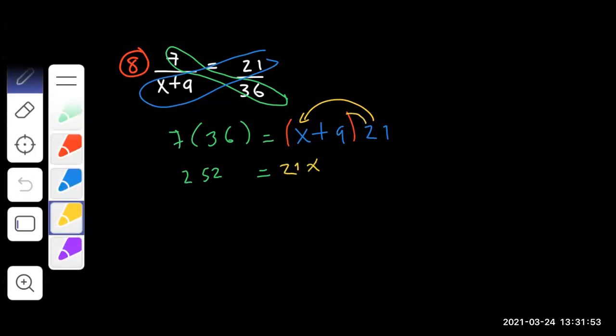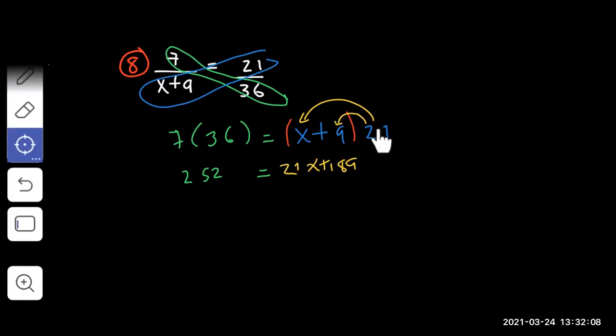Then 21 multiplying 9. What is 21 multiplying 9? I think it is 189. Positive, right? Positive. 21 times x, 21x. 21 times 9, positive 189.